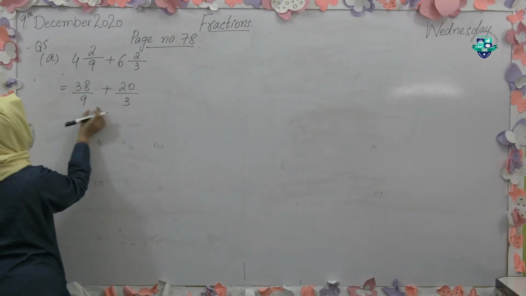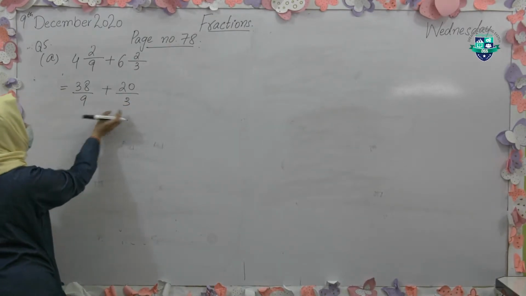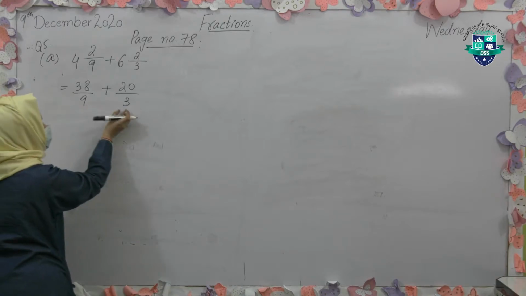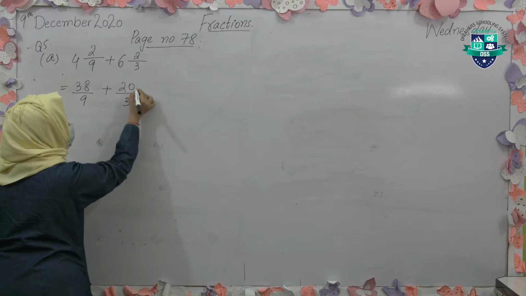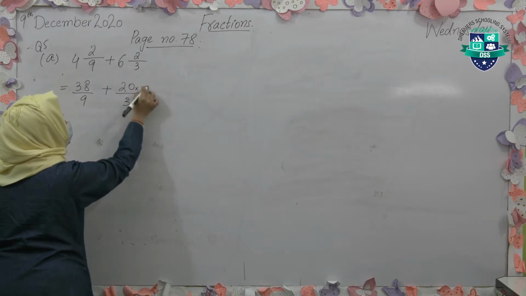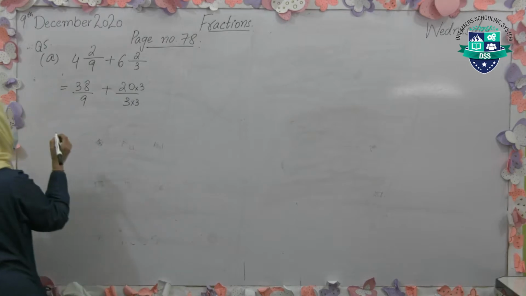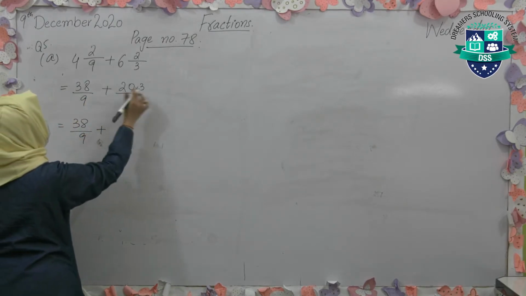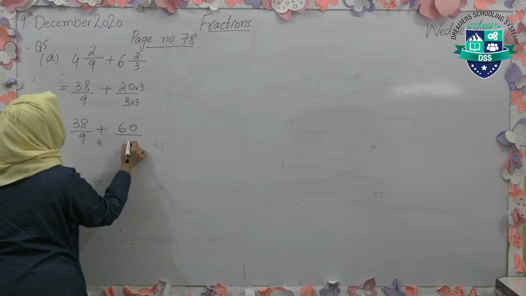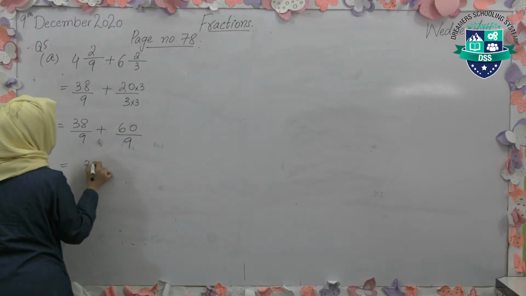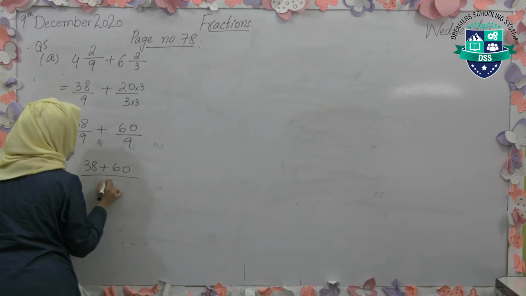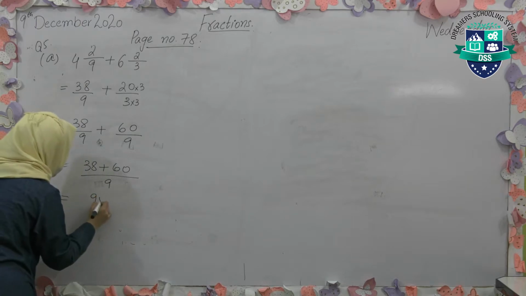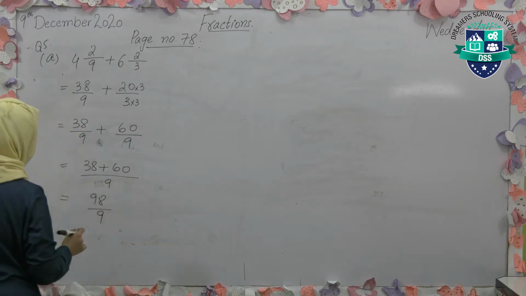Now what do we have to do? We have to make the denominators the same. 3 cannot go on the table of 9, but 9 can go on the table of 3. 3 3s are 9. The numerator will also be multiplied by the same number, 20 multiplied by 3. 38 by 9 will come as it is, plus 20 3s are 60, 3 3s are 9. 38 plus 60 by 9. 38 plus 60 is equal to 98 by 9.